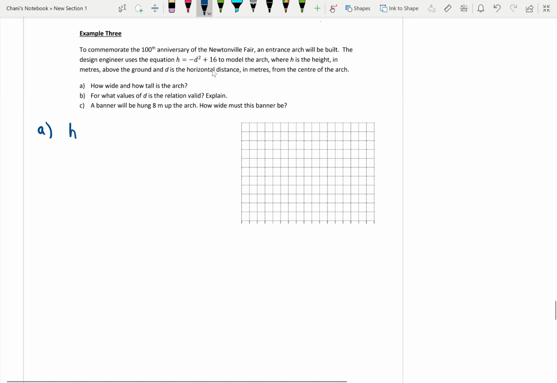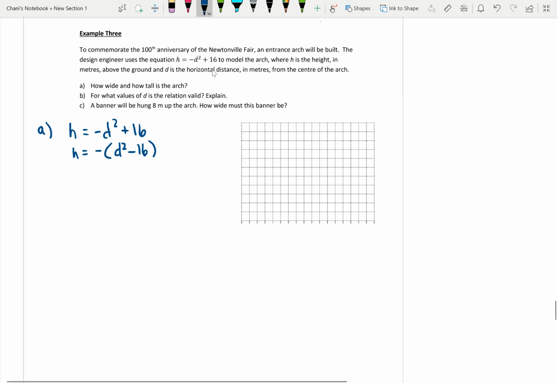So our equation is h equals negative d squared plus 16. Now you might look at this and say, Mrs. Weens, this is not factorable. What is going on? But let's check this out. What happens when we factor out a negative 1? What happens is that we have a difference of squares inside the bracket.